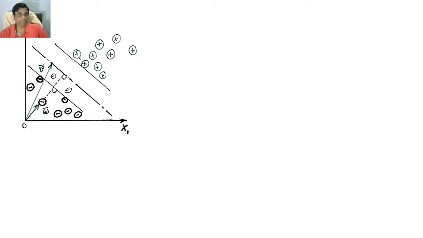In 2D, the decision boundary is a straight line. In 3D, of course, it will be a plane, and in higher dimensional feature space, the decision boundary will be a hyperplane. So that you can conceptualize.